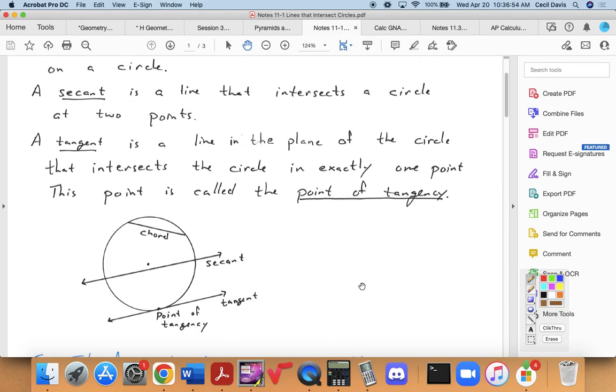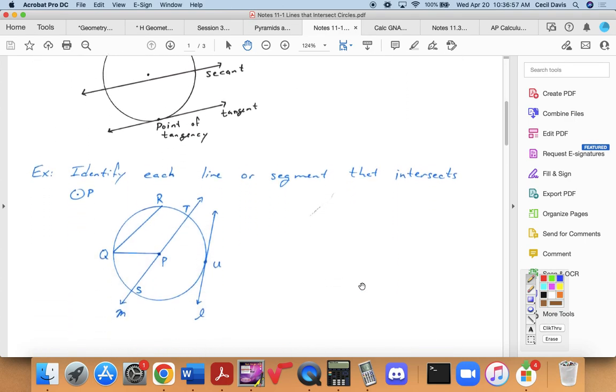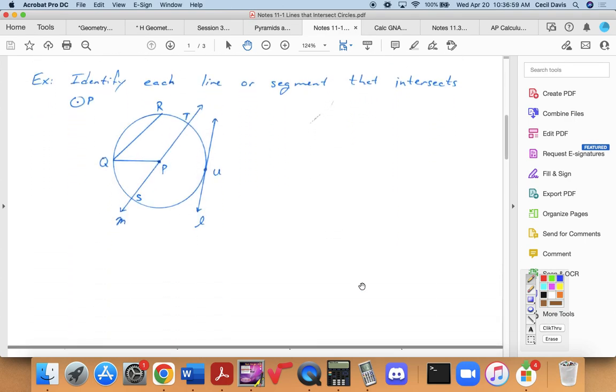Part of your assignment today, which will be due on Friday, is something like this. They'll give you a diagram and they'll say identify each line or segment that intersects circle P. It doesn't matter where you start, but you have to list all of them. So let's start.